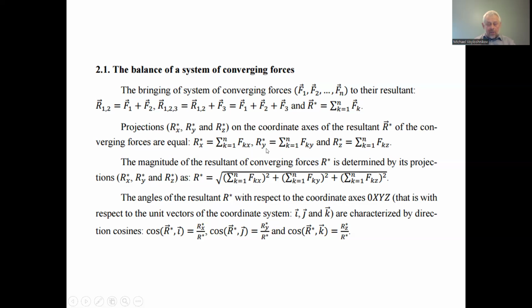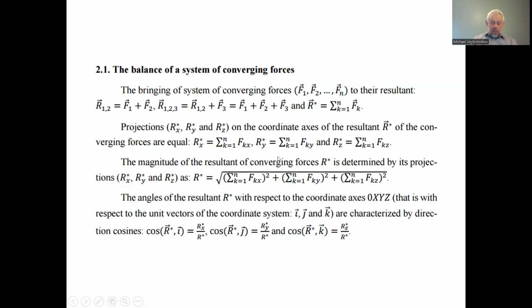The projection of the resultant on the y-axis equals the total of projections of all forces on the y-axis, and the projection on the applicate axis equals the total of all force projections on the z-axis.